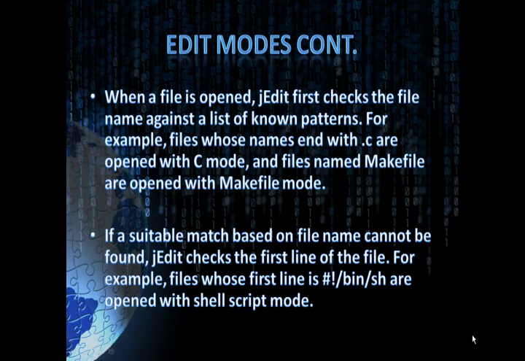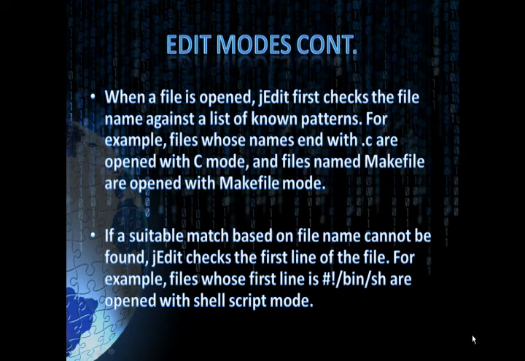When a file is open, jEdit first checks the file name against a list of known patterns. For example, files whose names end with .c are opened with C mode and files named makefile are opened with makefile mode.